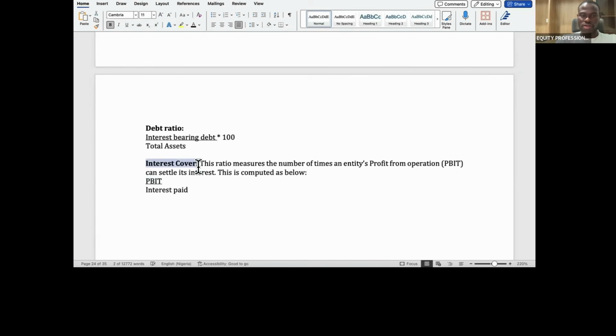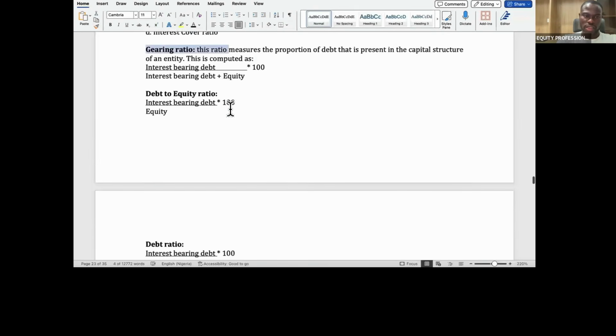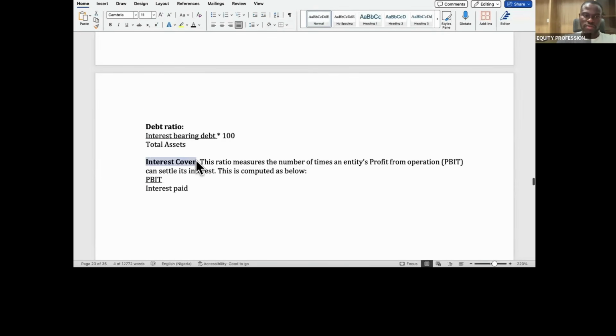So usually for solvency, I will just compute this and this, because interest cover tells me a lot about how profitable you are. It tells me a lot about your exposure to financial risk, because with interest cover I'll be able to tell whether the interest you are paying is too much or not.